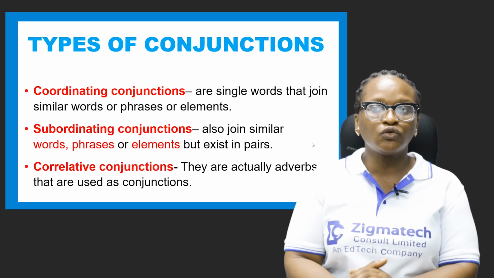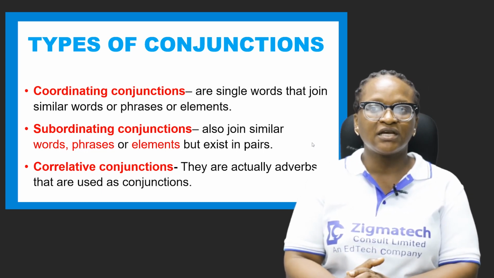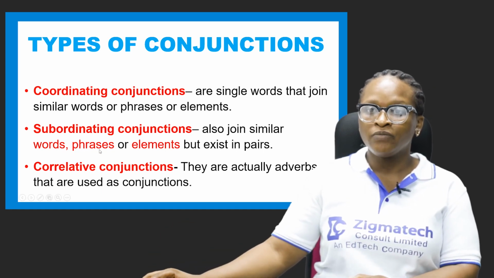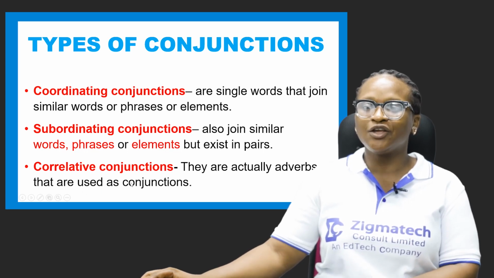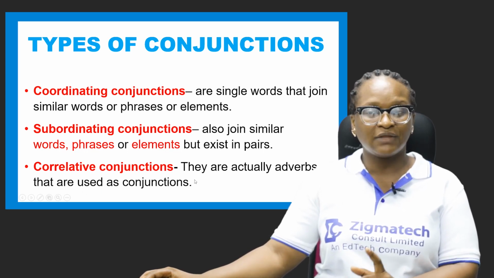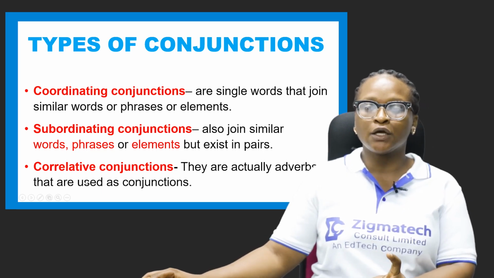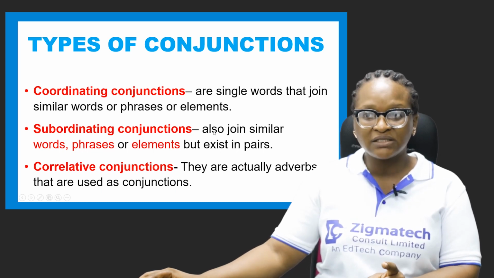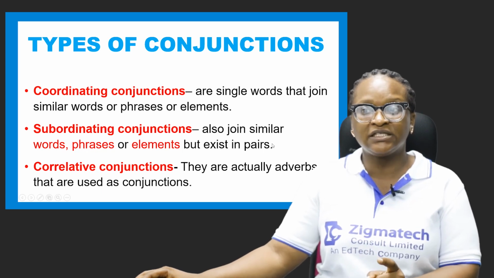Sorry, that's a mistake. Subordinating conjunctions are actually adverbs that are used as conjunctions. Please take note of that. Correlative conjunctions come in pairs; they also join similar words, phrases, or elements but exist in pairs.